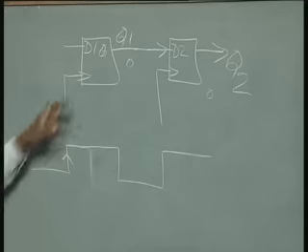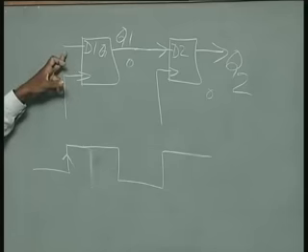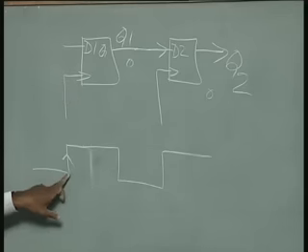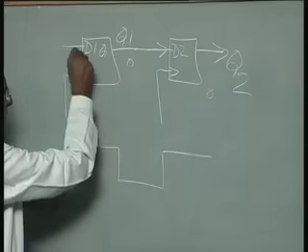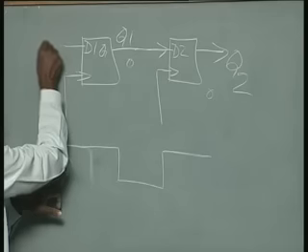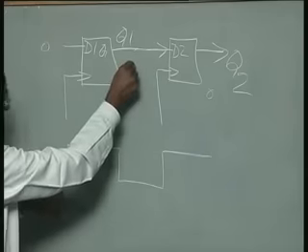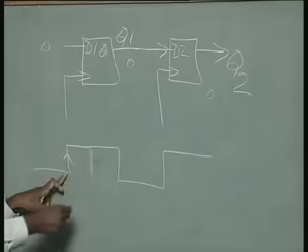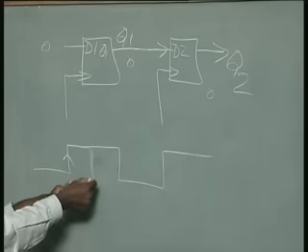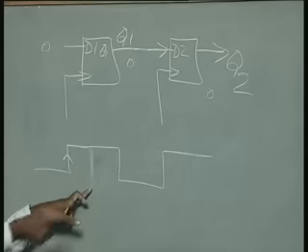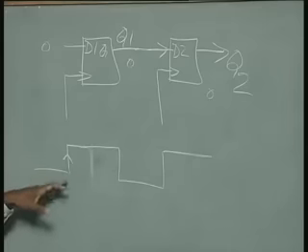Whatever be the input here at this clock, it will also come over here through this flip flop. For example, let us say there was 0 here, and this 0 would come right at this point immediately after this. Actually, if you implement it on the chip, there will be a gate delay, and only then will the data be effective, but for simplicity we will just take it here.